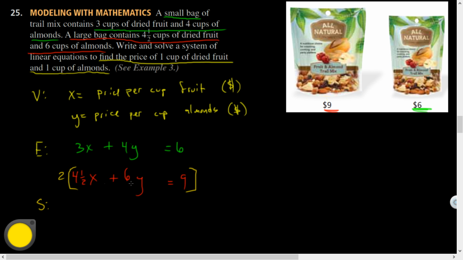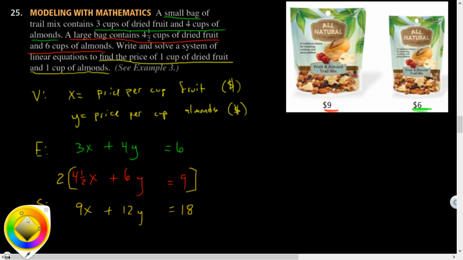But if I multiply this equation through by 2, the common denominator, right, because these denominators were 1, I can actually clear out all of the fractions. So let me show you this trick. So multiply by 2. 2 times 4.5. 2 times 4 is 8, plus 2 times a half is 1. That ends up being 9x. Plus, what's 2 times 6? 12y. And 2 times 9 is 18.